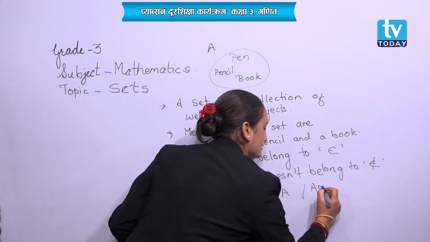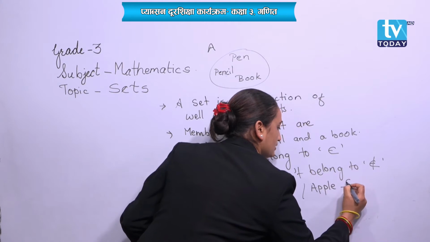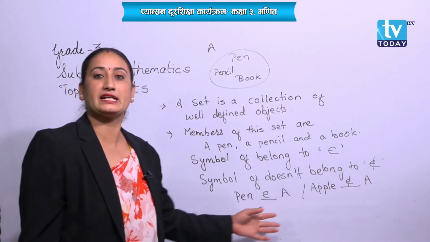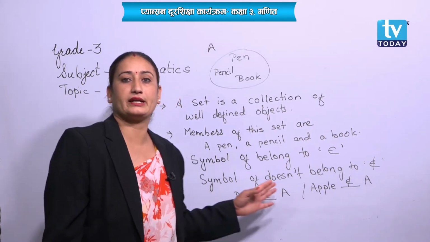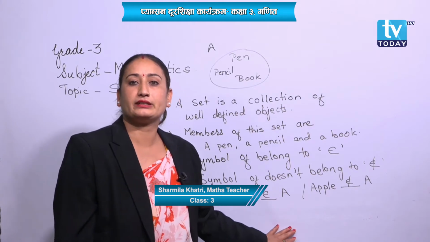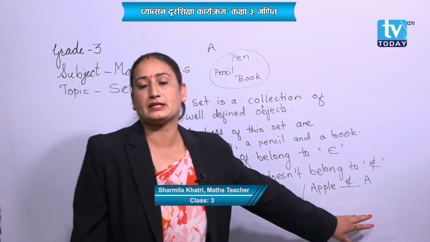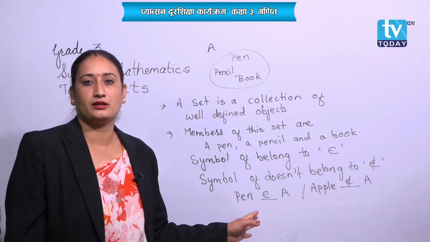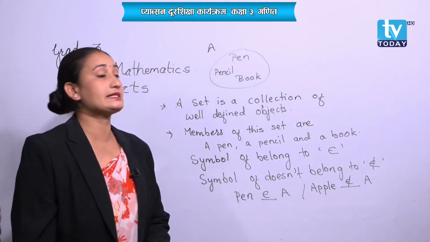Apple doesn't belong to set A. Can we write it this way? They are the members of the set, so we can easily write whether they belong to that group or don't belong to that group. Can we write it, dear students? I hope you can write it easily now.